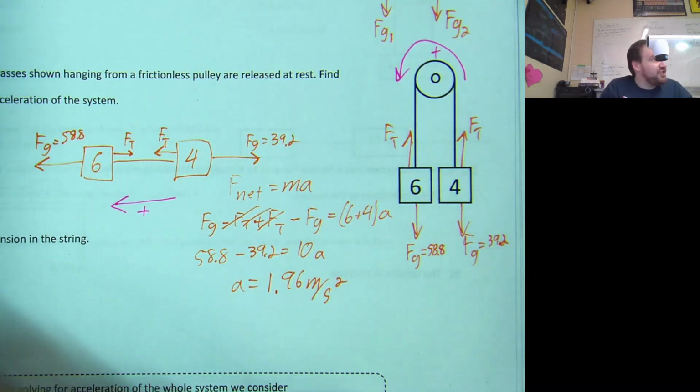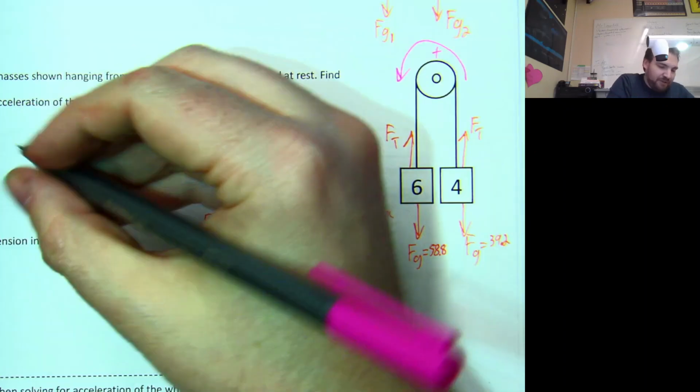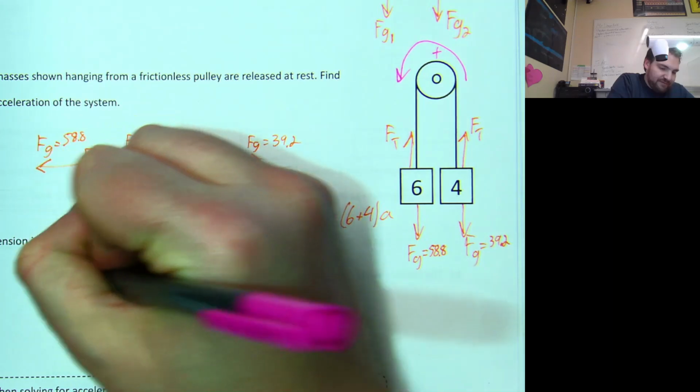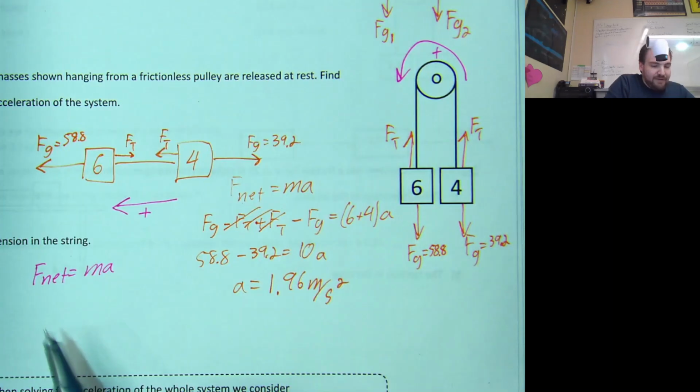And then to find the tension in the string before the bell goes in less than a minute, we focus on one block here. Which block do we want to use? Jasmine, pick a block. Left block. So then what's my F net equation going to look like? Angelina?